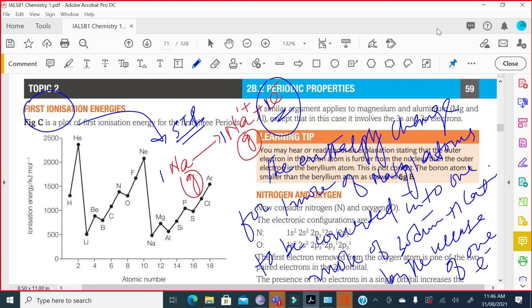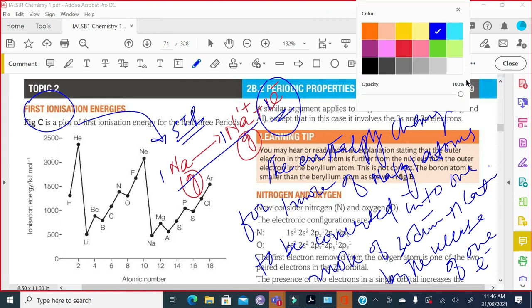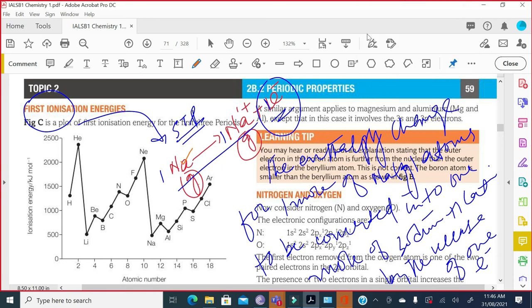So let me do it once again for you. It is the enthalpy change for 1 mole of gaseous sodium to be converted into gaseous sodium cation by releasing 1 mole of electrons under STP. Are we clear with this? Yes, sir. This is the ionization energy.